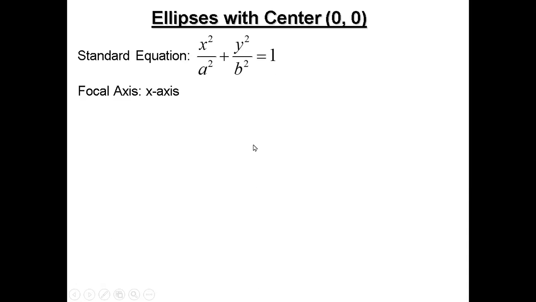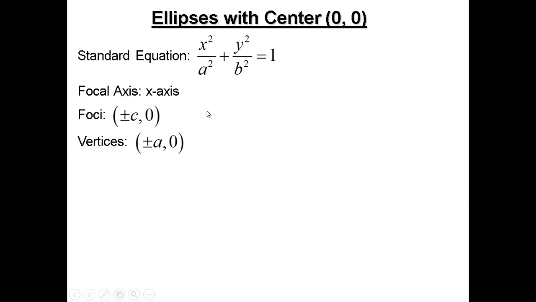So let's have here an ellipse with center at the origin. We have the standard equation, whose focal axis is the x-axis. As you can see, in the standard equation a squared is the denominator of x squared, so we can say that the focal axis is located on the x-axis. The foci are positive negative c, comma 0.